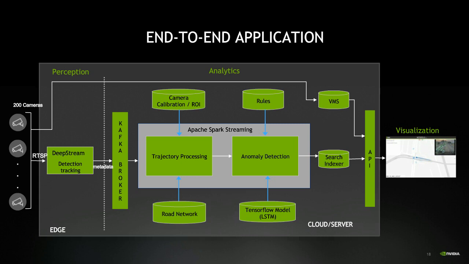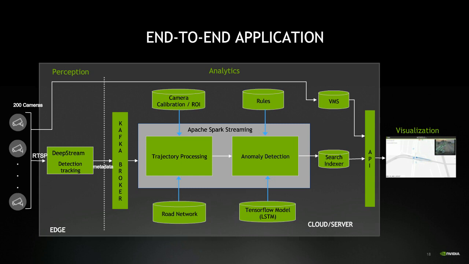The camera calibration is provided externally to the analytic engine. The ROI, or region of interest, will focus the analytics only on the cars on the road and not on the cars that are parked. The road network can also help calculate speed on the road segment.